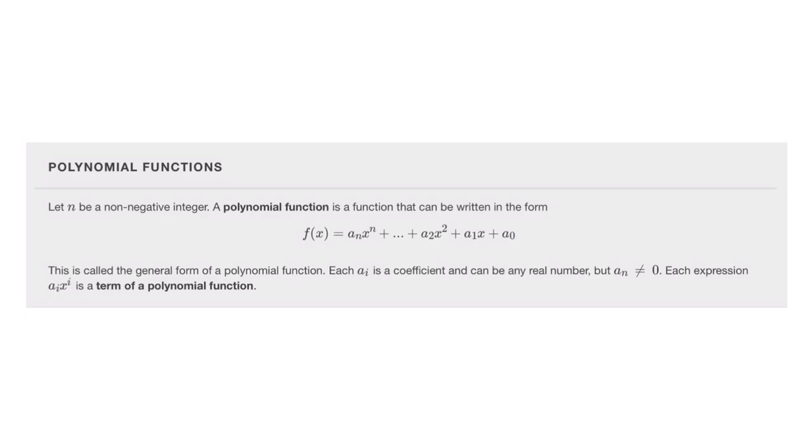The way I like to remember or identify a polynomial function is as a finite sum, finite meaning the opposite of infinite. So a polynomial function is a finite sum of monomials. And a monomial is a one-term expression with a real coefficient times a variable x raised to some non-negative integer power.